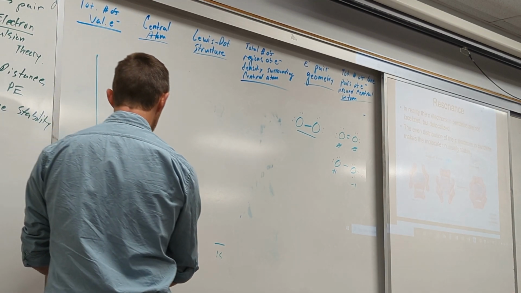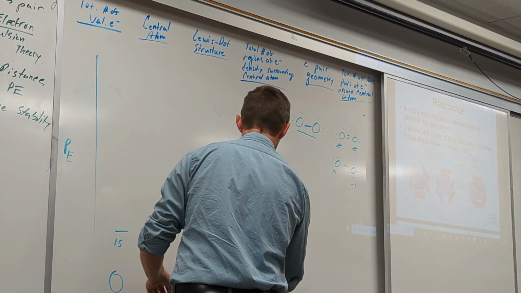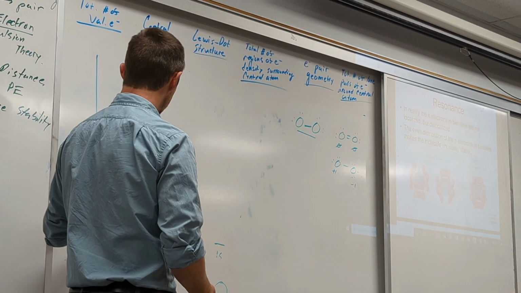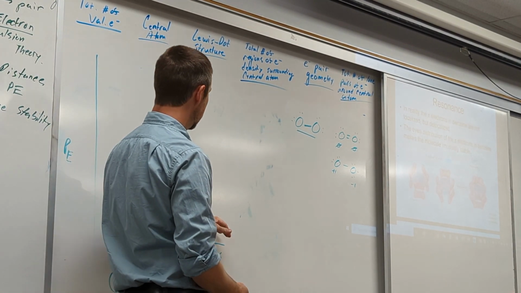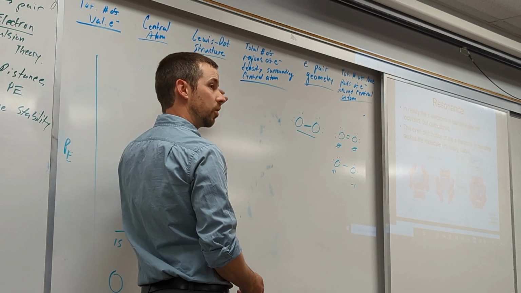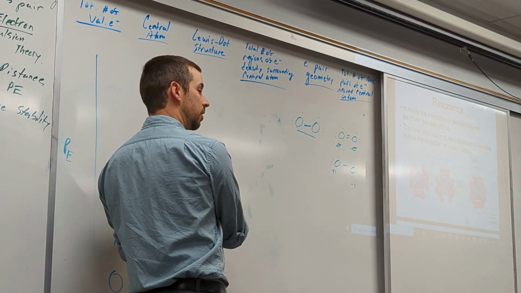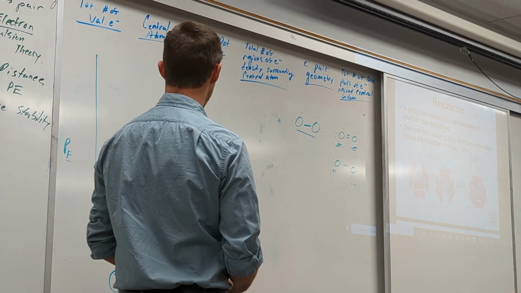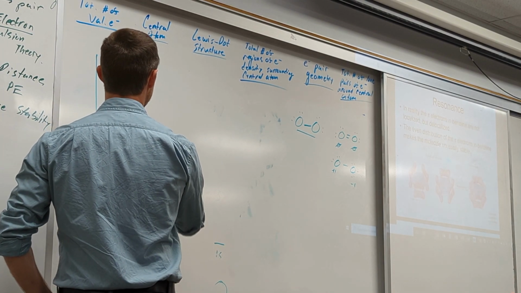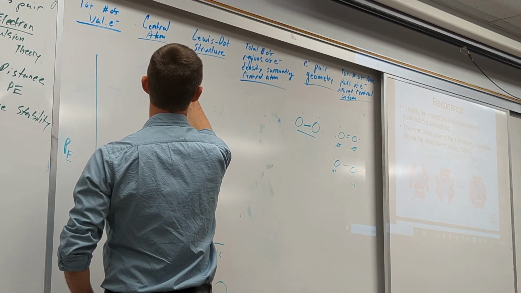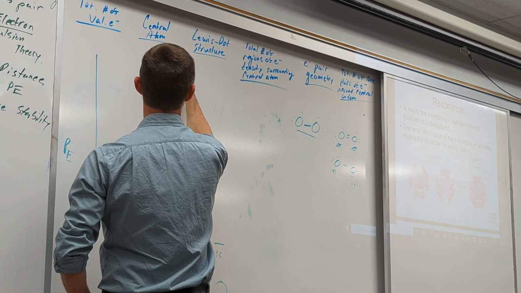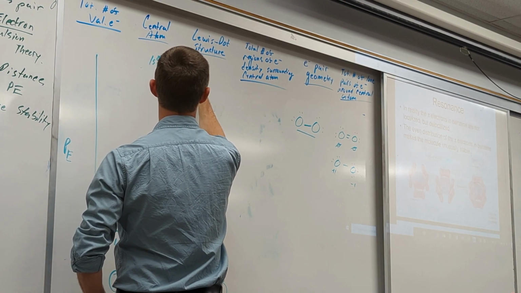I'll put oxygen down here and oxygen down here. We're going to do the individual orbital diagram for oxygen and oxygen, and then combine them into a molecular orbital diagram. Oxygen's electron configuration is 1s2, 2s2, 2p4.